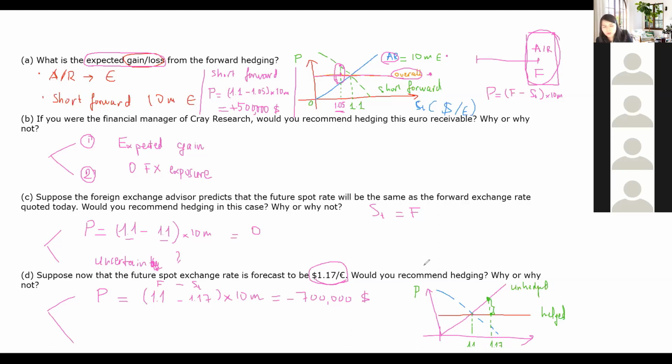Now, this number that we just calculated is just an expected number, right? This is a number that we calculate based on our forecast of the future. So in this case, it's a negative number, meaning that it looks like we are better off leaving our position unhedged. But is there any other consideration we want to think about?